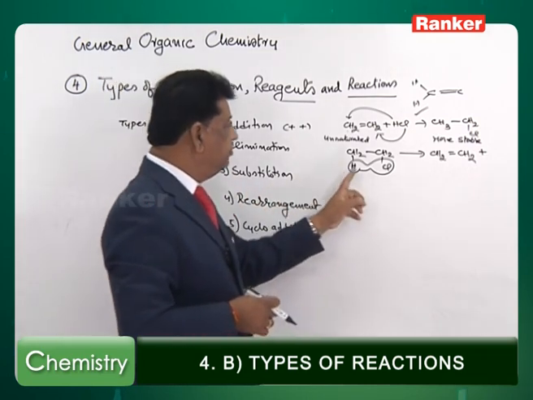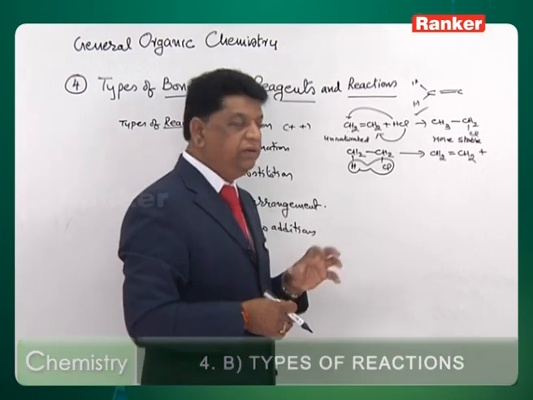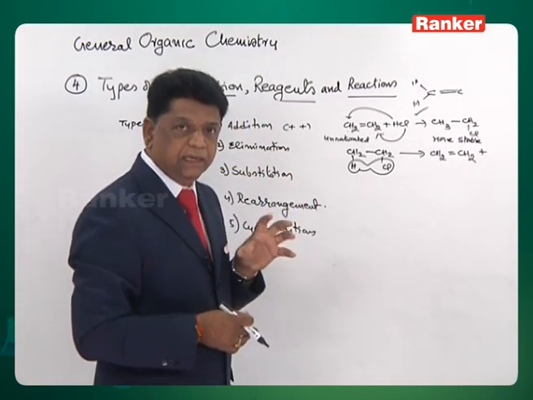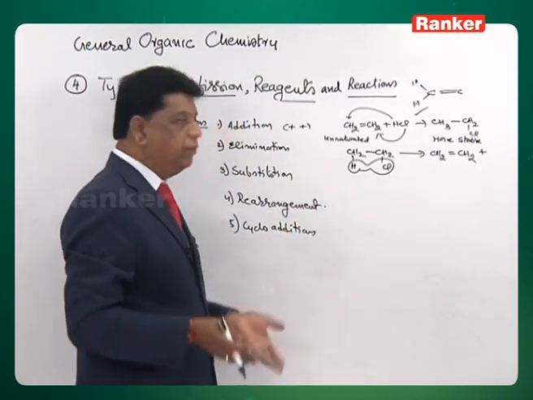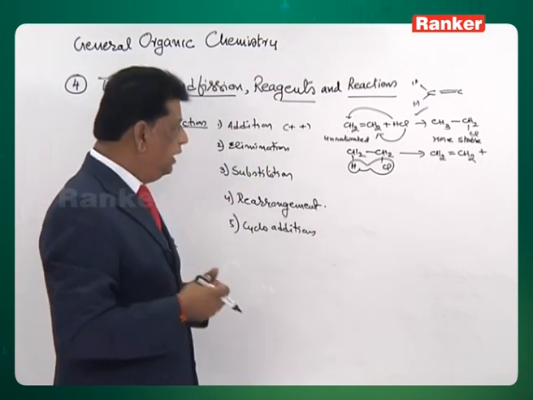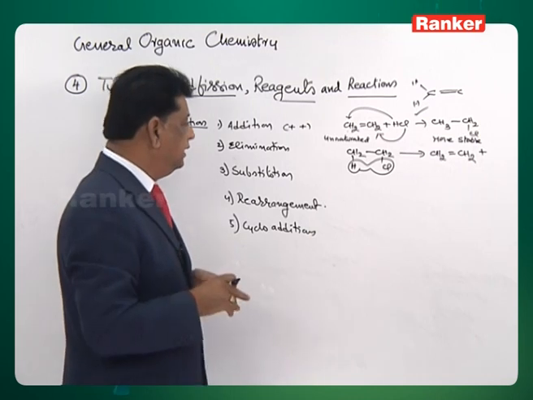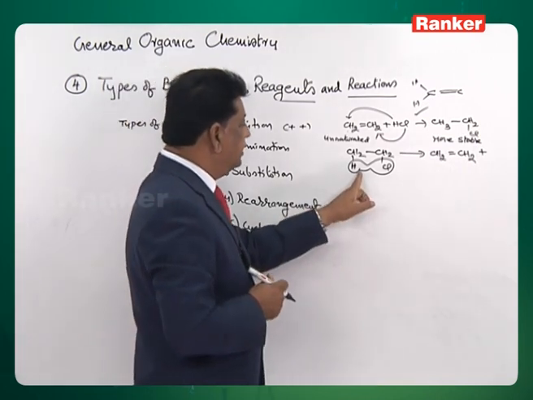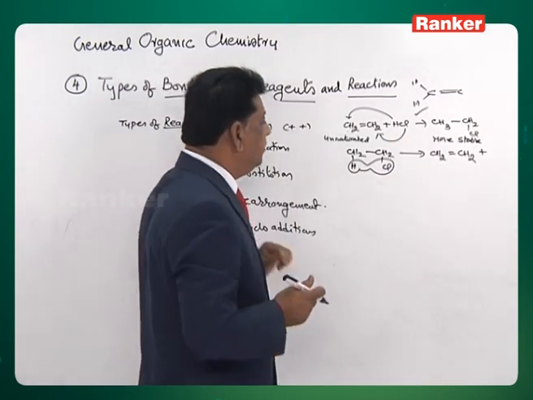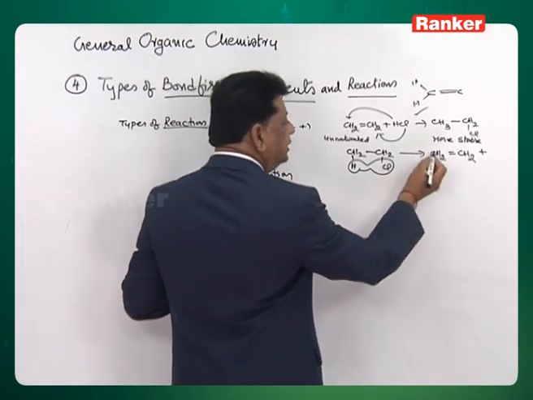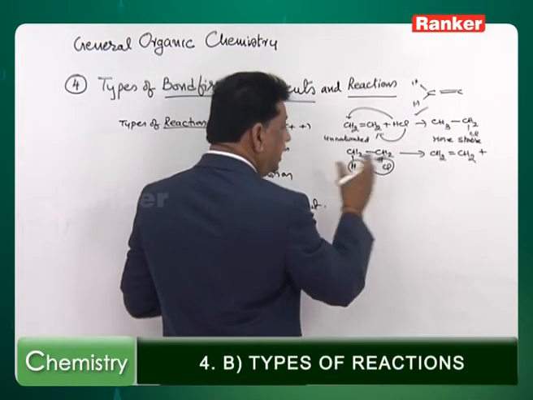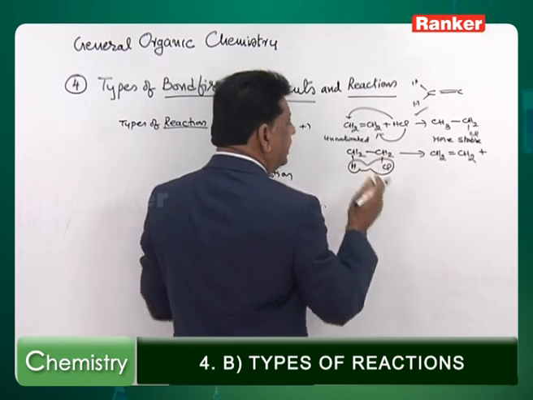Whereas from saturated to unsaturated requires some drastic condition, just like evaporation of water is a spontaneous process, but if you heat it, it becomes ready. Like that here, the reaction may be spontaneous to some extent, but to get the reaction, some specific condition is required.